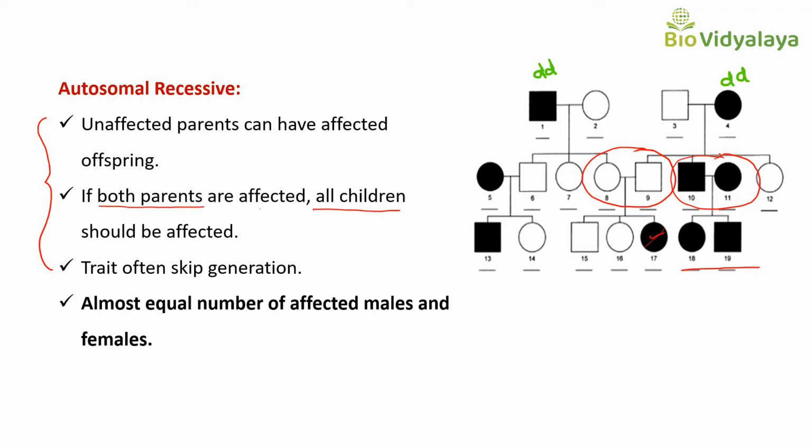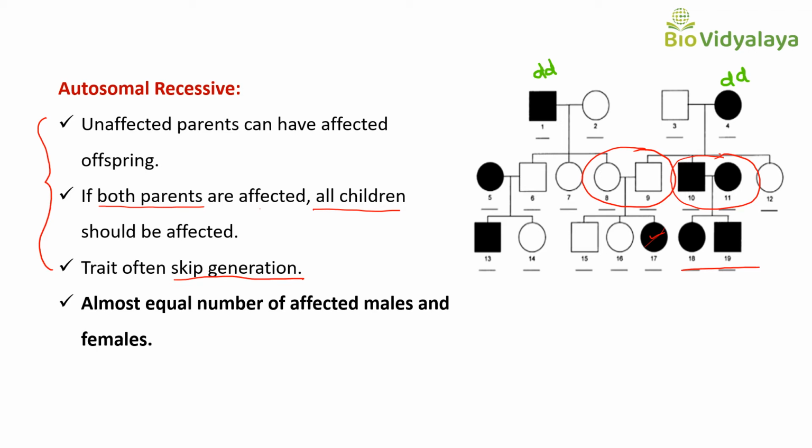And the third condition, trait often skip generation. There is trait skip generation. Okay. So these are the 3 points or 3 conditions for recessive. This is common for both autosomal and X-linked.